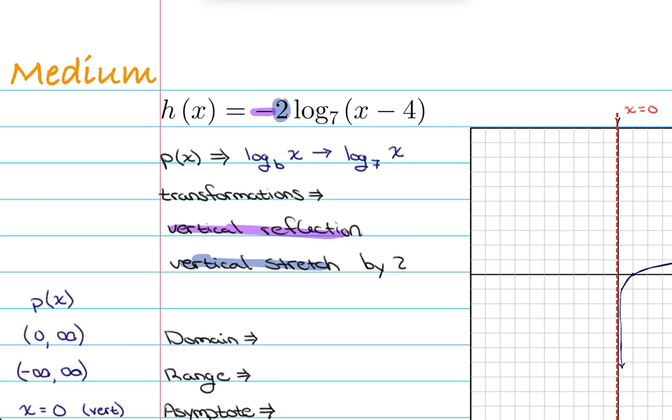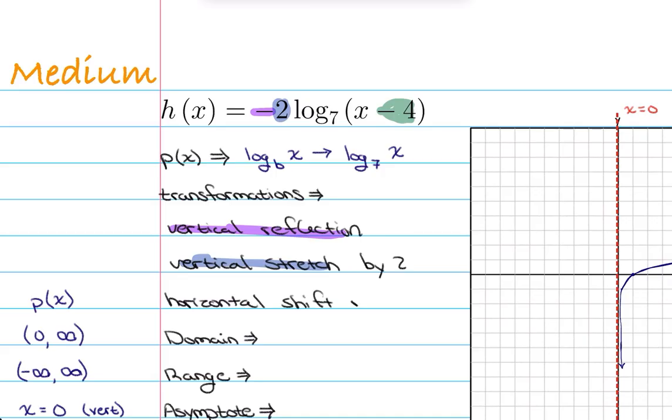And then last but not least, I have my -4 value here. That is acting upon the x. It's not acting upon the logarithm as a whole, it's just acting on the x. So that is horizontal. Since we are subtracting, that means it is a shift.